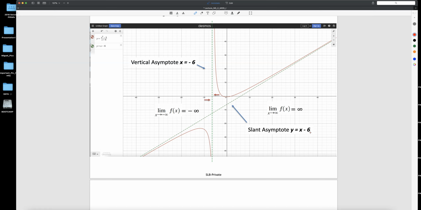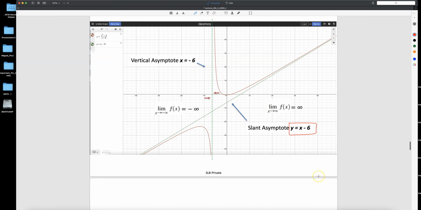Okay? Now, the question is the following. How do I derive the expression for this slant asymptote? Well, what you need to perform, for this particular case, is synthetic division.